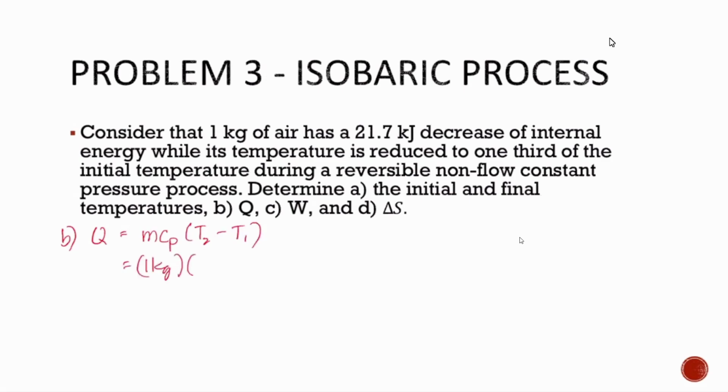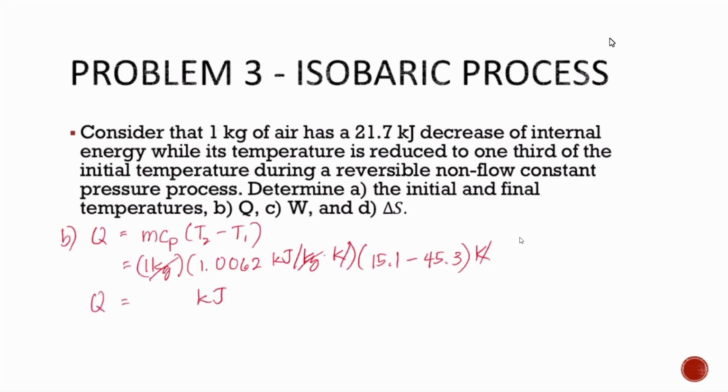Our CP is different from CV, so we have 1.0062 kilojoules per kilogram Kelvin for air, times T2 minus T1, we have 15.1 minus 45.3 in Kelvin. Okay? We cancel Kelvin and kilogram. So Q is in kilojoules.